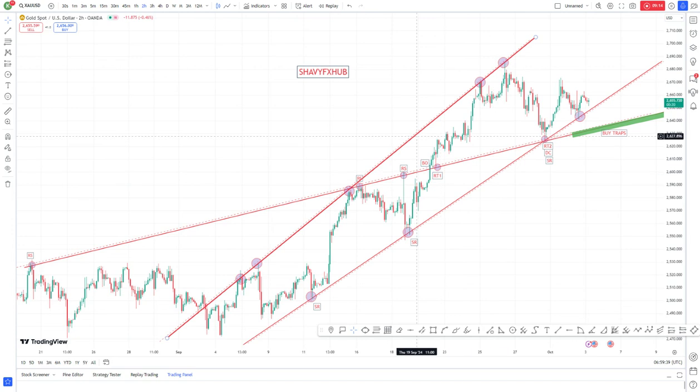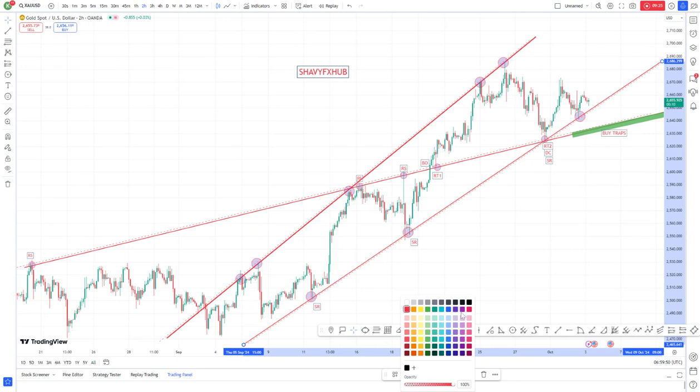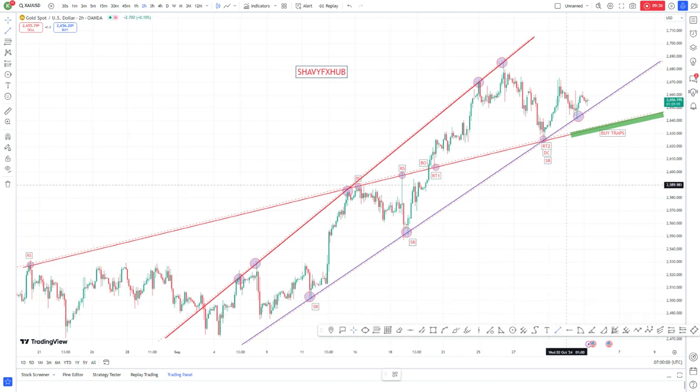I would like to change the level of the roof, or let me change the level of the floor to purple. So technically, we are playing into structure.